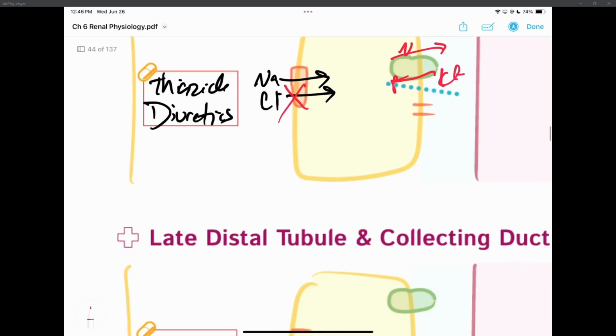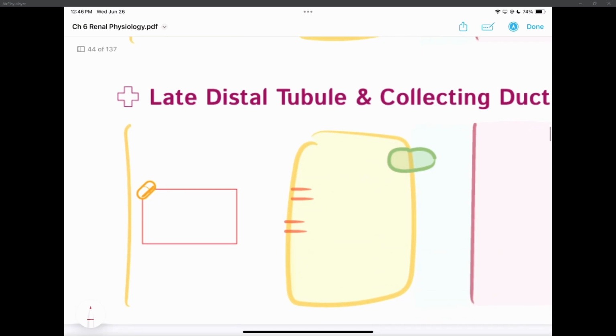The last one, late distal tubule and the collecting ducts towards the end. What influence plays the biggest role with reabsorption in these areas? Hormones. These are hormonally influenced. So when we get to that part, you'll see what happens there.